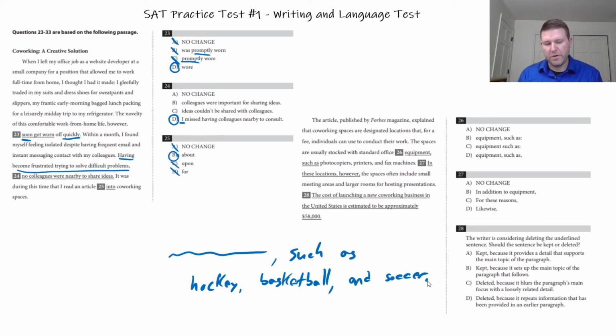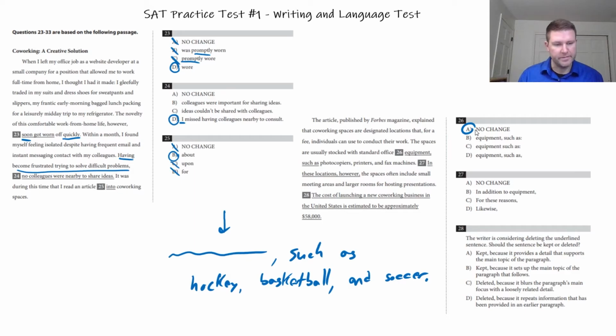So if you notice where the pause is, I enjoy many sports, such as hockey, basketball, and soccer. Notice how there is no pause after the such as right here, so you don't want any punctuation there at all, actually. So this was perfect the way it was because they don't have that punctuation after the such as.